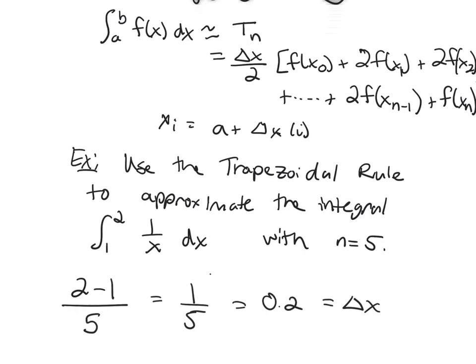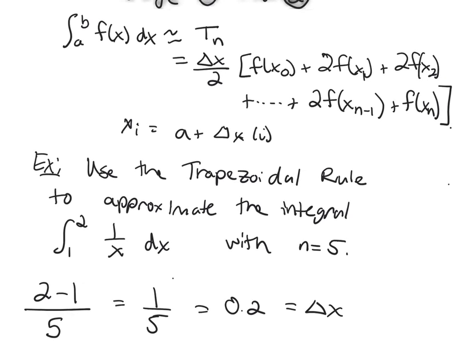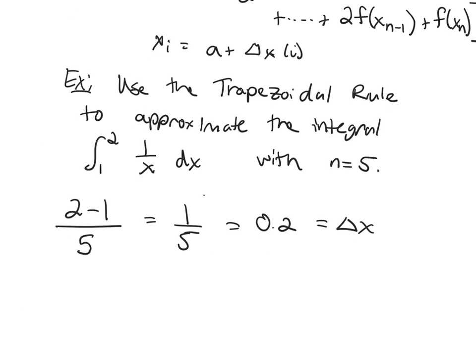So now we want to use the trapezoidal rule. There's this nice formula for how we find it. I want to find T5. Okay. So T5 is going to be delta x over 2, right? So delta x was 0.2 divided by 2.